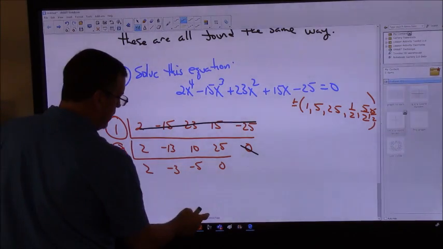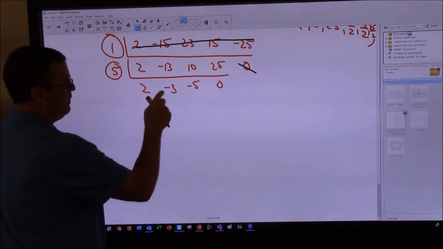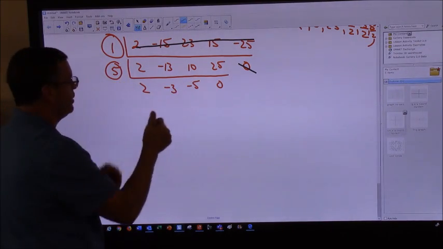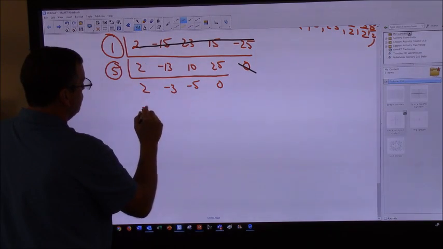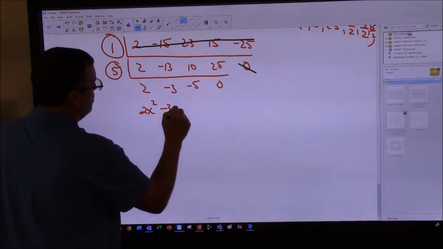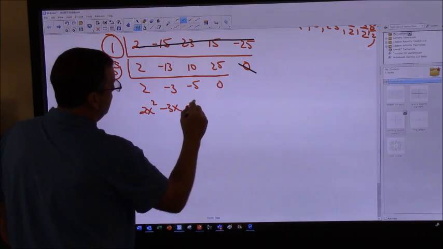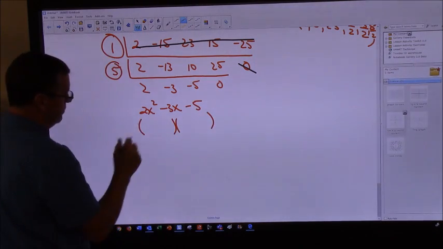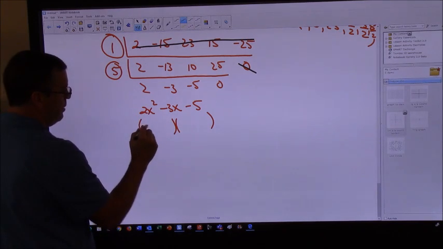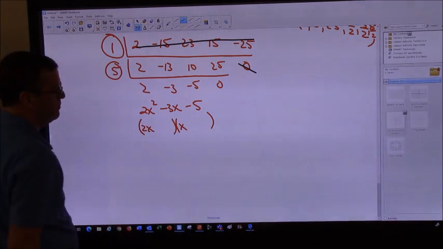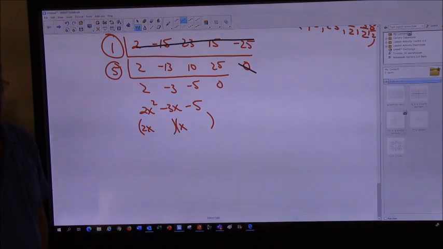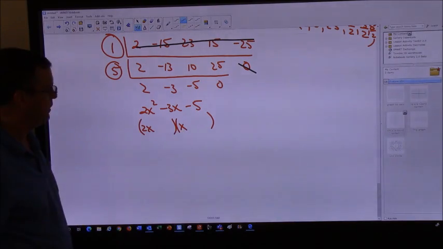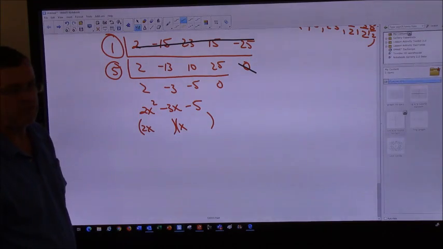At this point, I no longer want to try synthetic division because I'm down to 3 terms, which means I have a quadratic expression. And so I'm going to write this as 2x squared minus 3x minus 5, and I want to try and factor this. This has to be 2x times x. It's the only option. This can only be 1 times 5.